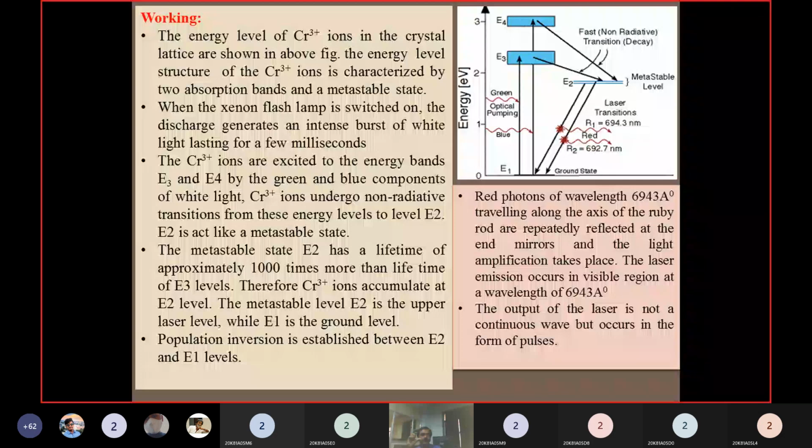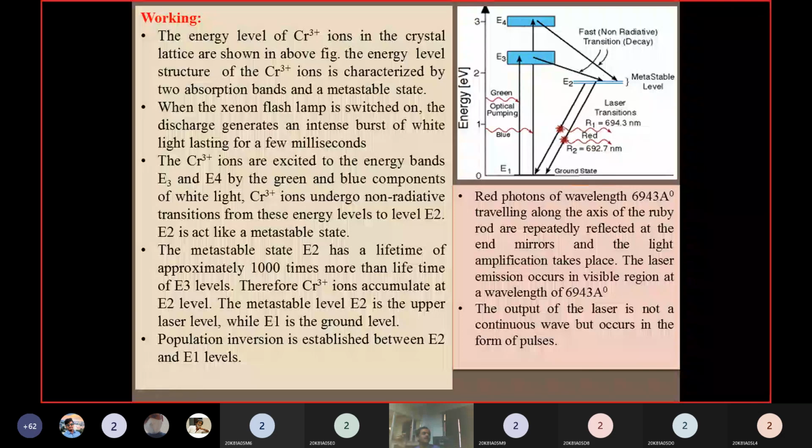In this case selection rules are not followed, so radiative transition does not occur for E4 to E2 and E3 to E2. That is a non-radiative transition. In this transition, light is not emitted. Just phonons are emitted. Phonons are nothing but either sound or heat.